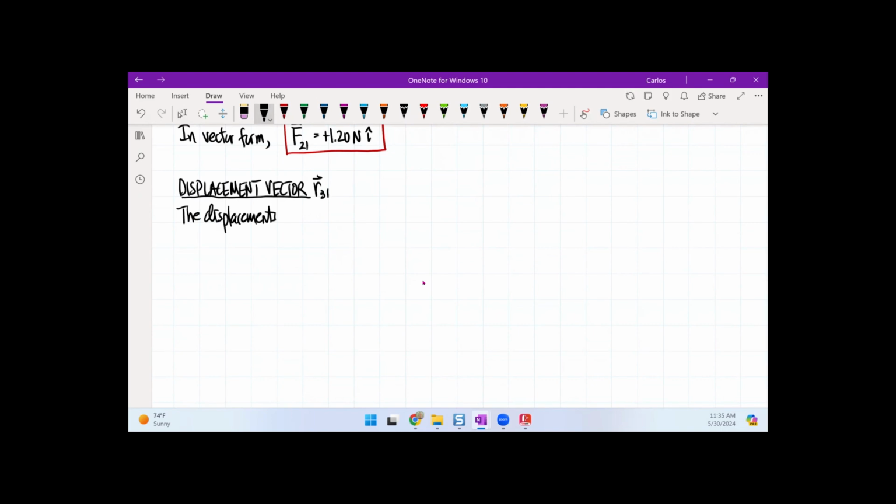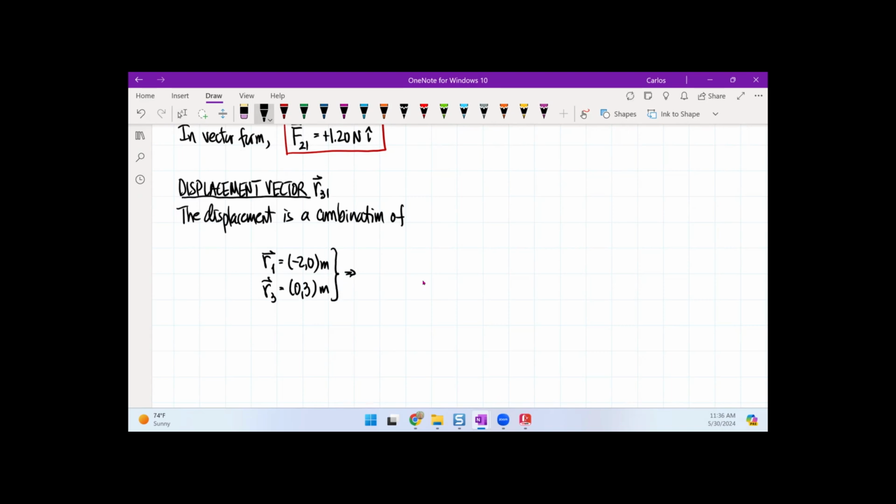The displacement is a combination of r1, which is -2, 0 meters, and r3, which is 0, 3 meters.